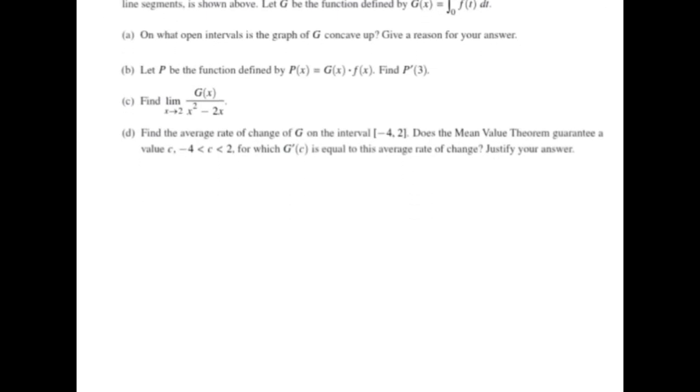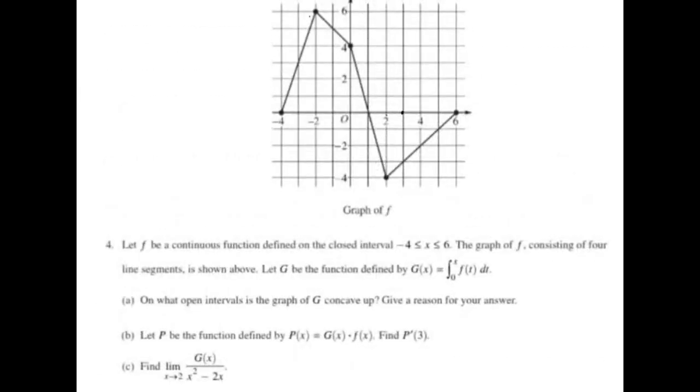So that means we can start. We need to find the average rate of change. Then we can determine if there's ever a point. So we need to determine G of negative 4 equals the integral of f of t dt. When we look at the graph, it's this area, which is 2 triangles plus 1 rectangle.